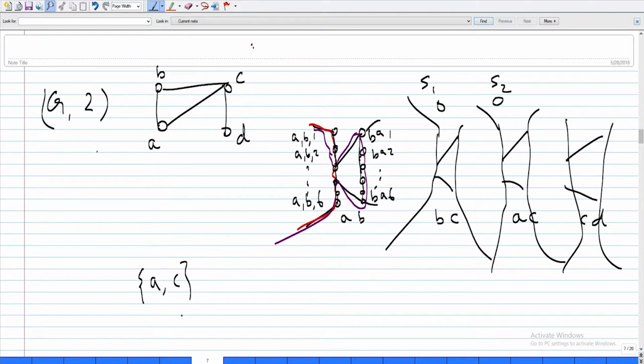So I'll start from S1 and go to A's first neighbor. Basically, order the edges incident on A. Let's say AB is the first edge and AC is the second edge. So I will go to this AB gadget and visit it somehow. After finishing that, I will go to A's other neighbor, which is the AC gadget, visit it, and then I come back to C and visit all the neighbors of C: the CB gadget, CA gadget, CD gadget, and I'll be done, completely finishing up the entire vertex set and getting a Hamiltonian cycle.